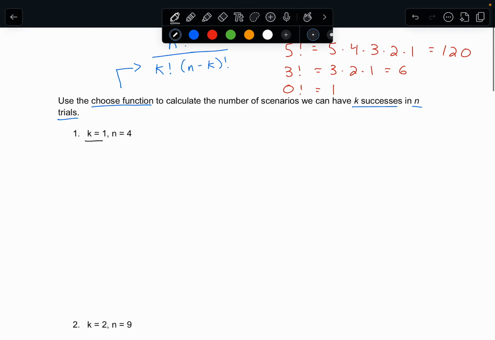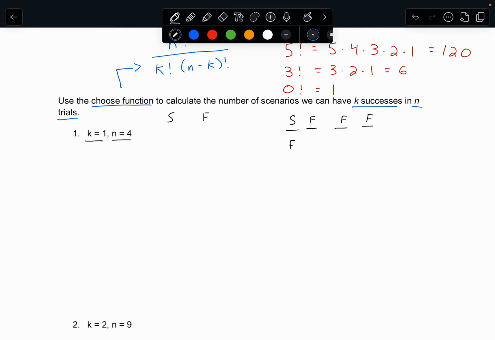So when we have k equals 1 success, n is equal to 4. This problem is actually not terribly difficult to do by hand. What we're really doing is thinking about how we can arrange that 1 success in 4 trials, and you could actually list these out. If I had S for success and F for failure, and I'm running 1, 2, 3, 4 trials, you could have success, failure, failure, failure. So maybe the first trial is a success, and the last 3 are failures.